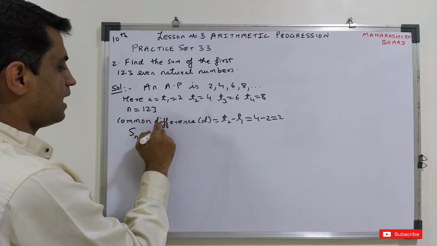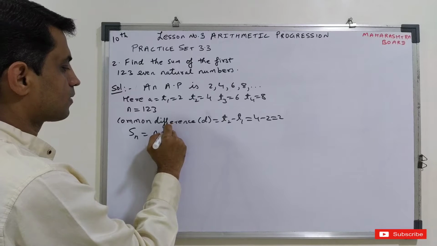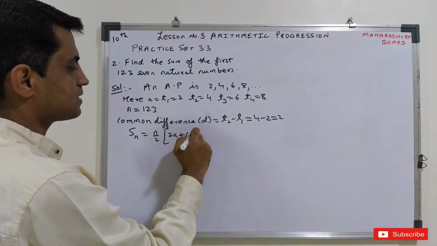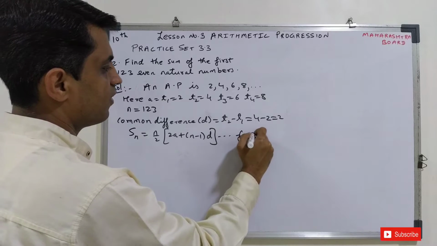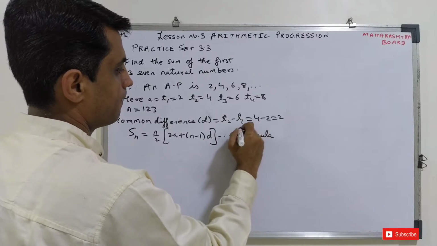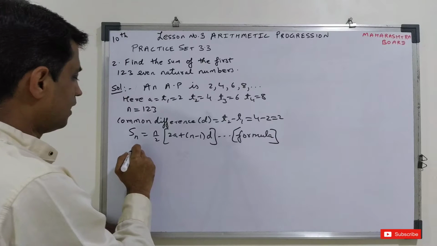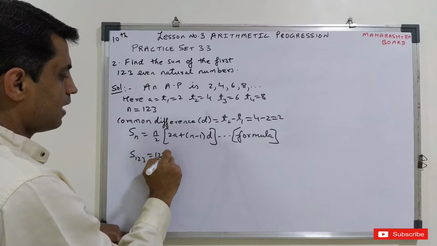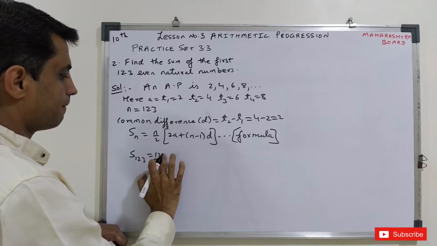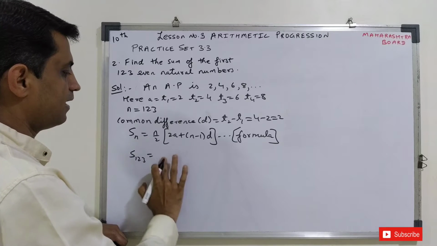Sn is equal to n upon 2 into 2a plus n minus 1 into d. This is our formula. Let us substitute the value 123 in place of n. So what will we get here?